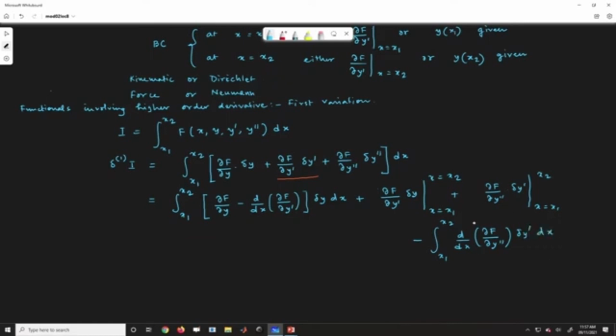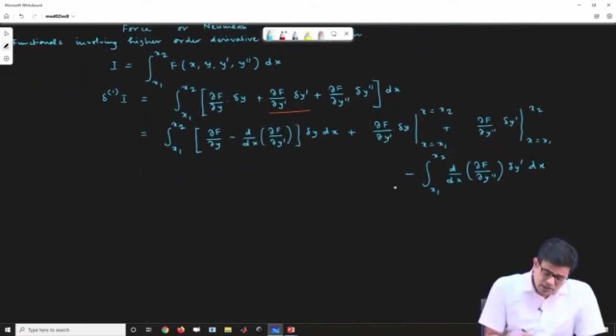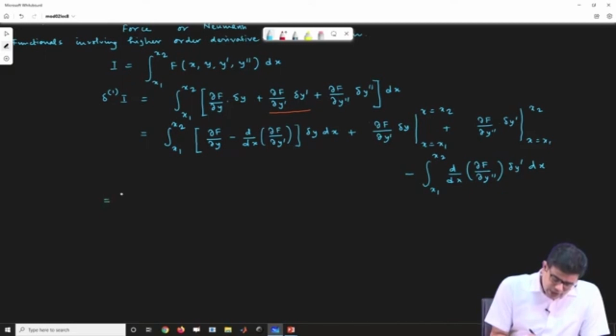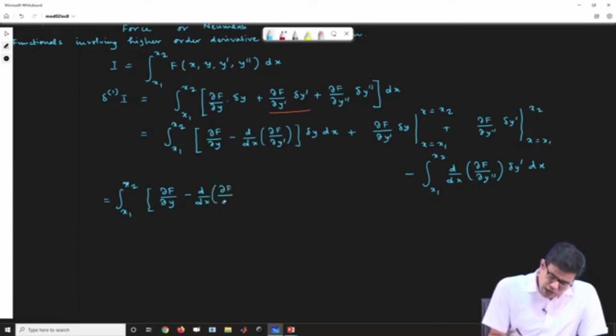Again we can integrate this quantity by parts. I will write the integral from x1 to x2, and keep the term the same: dou f by dou y minus d dx of dou f by dou y prime, times delta y dx.